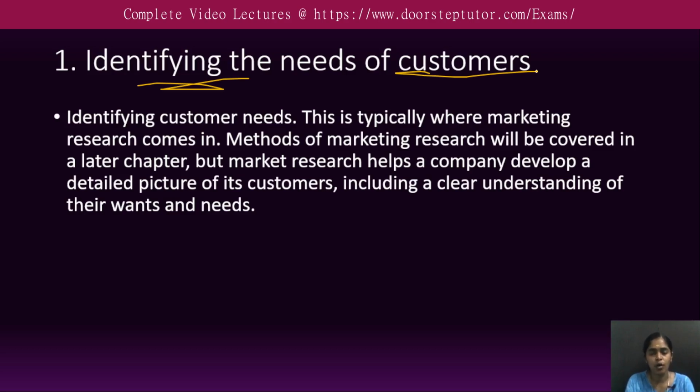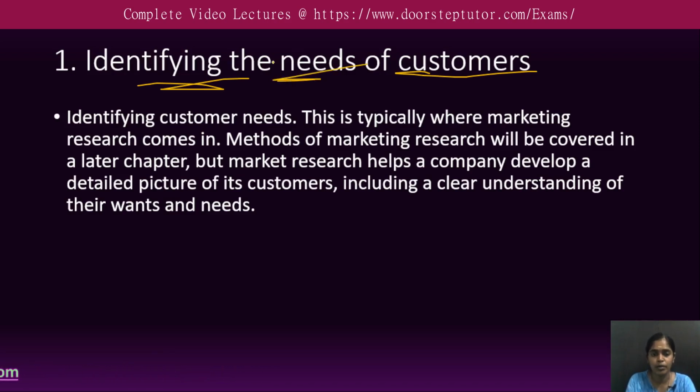So those are called the customers for our product. So we have to identify the needs of customers, so that we can produce the goods which are used by the customers and not the goods which the customers will not like. If we produce goods which are not in the needs of the customer, then we will end up making a loss. So the first thing is we have to identify the need of customers. What is the need of the hour?